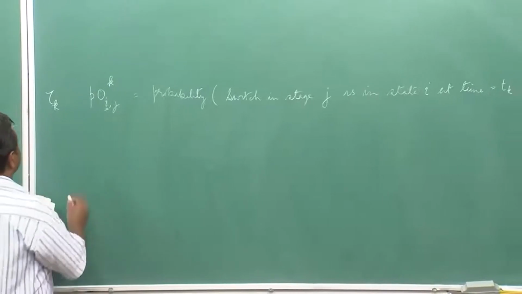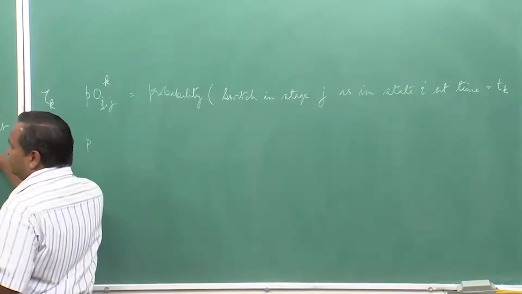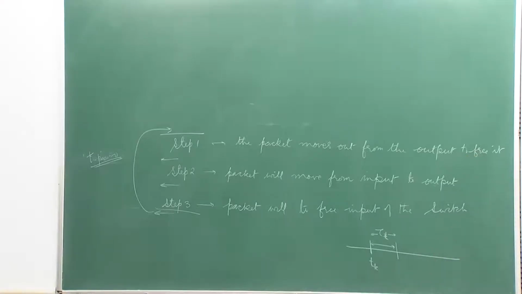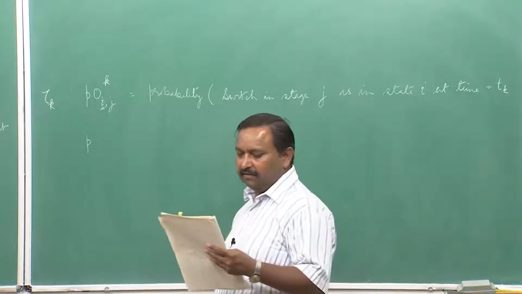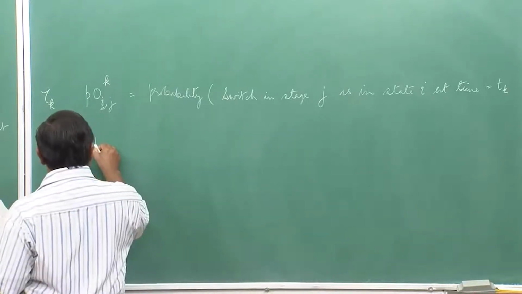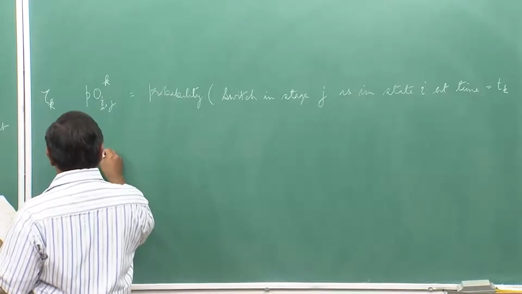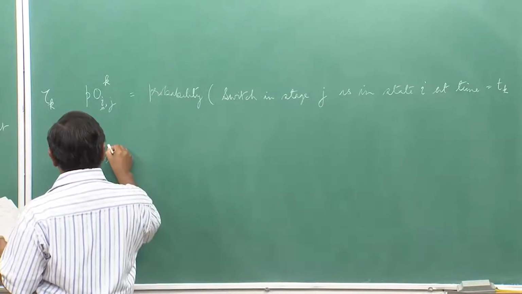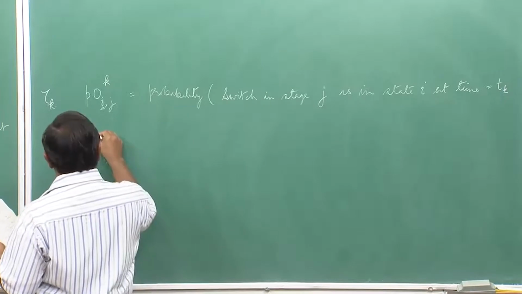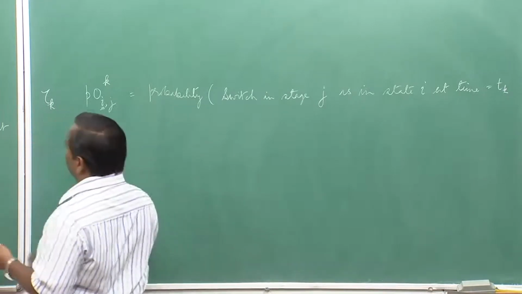So, we will also define, once the first step has taken place, then the state probabilities will be different. So, this is the probability that after step 1 you are in state I in stage j in this time interval tau k.